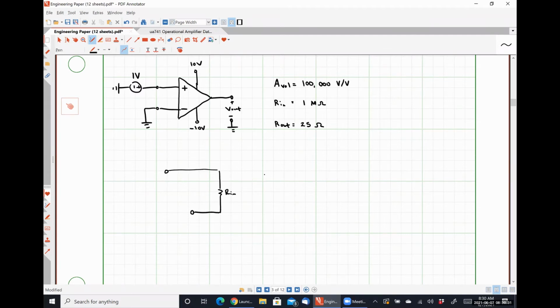Here's Rin. This is how I typically do it, as I start with the practical model, and then I connect things as is necessary. So here's AVOL times vd.